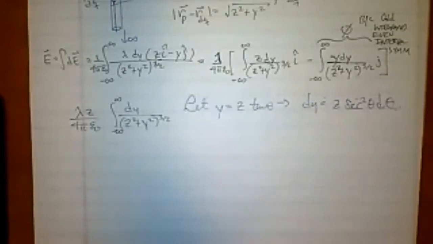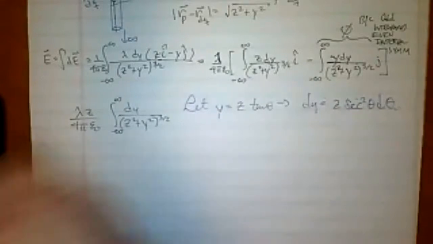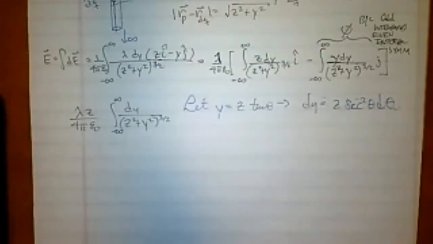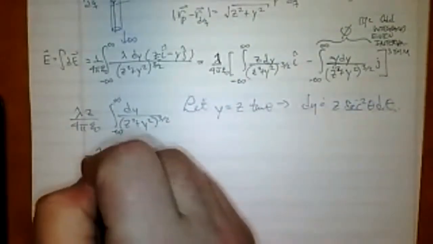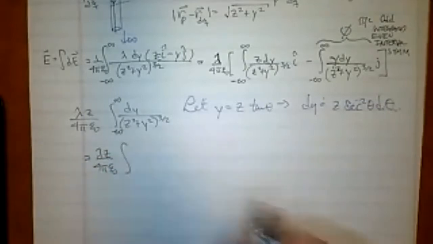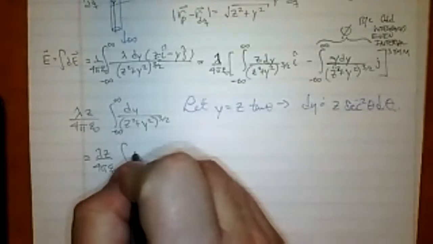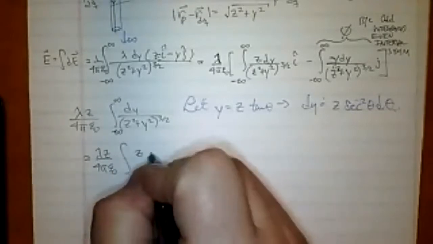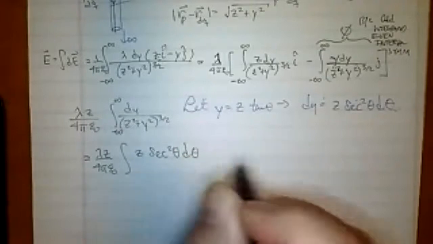Okay, so we've already got the dy there. That's the nice thing. But look what happens now that we do that. This integral now becomes lambda z over 4 pi epsilon naught integral, I'm going to leave the range off right now, and the dy is going to become z secant squared theta d theta.